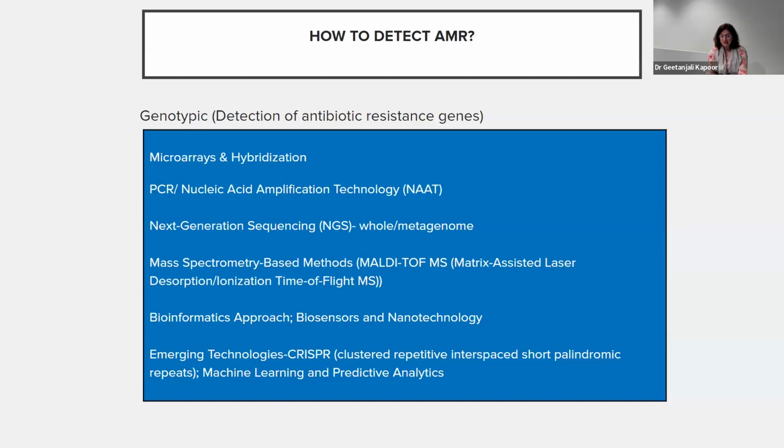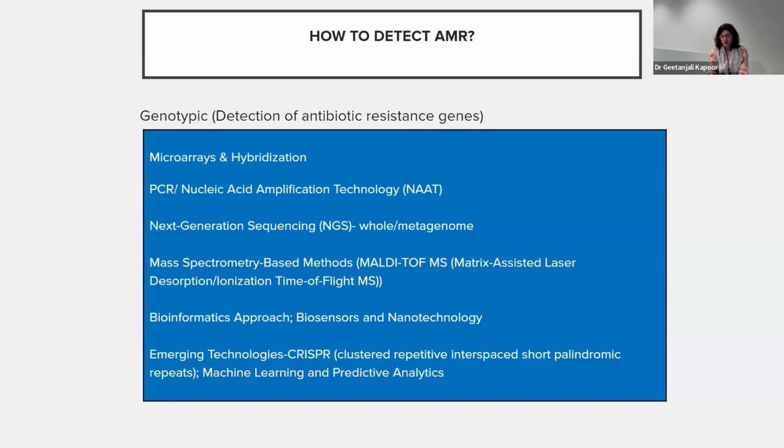Each of these methods that have been mentioned has its own pros and its own cons, depending, of course, on the financial backing at the institution. If it's a high-tech place, you could have the best of techniques being done in the lab.